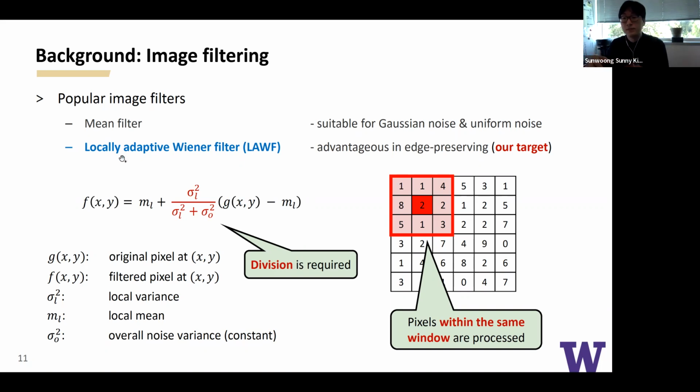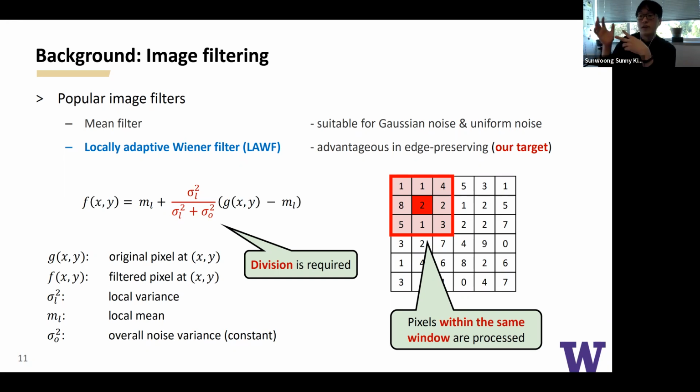To solve this problem, the locally adaptive Wiener filter, LAWF for short, was proposed, which is our target filter in this work. And here is its formula. The local variance and local mean values are calculated in a window like this, and a division by the local variance plus some constant is performed.